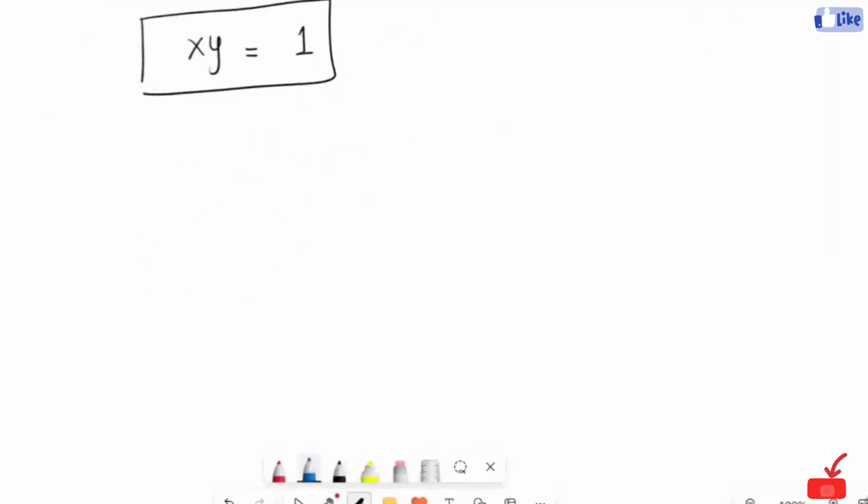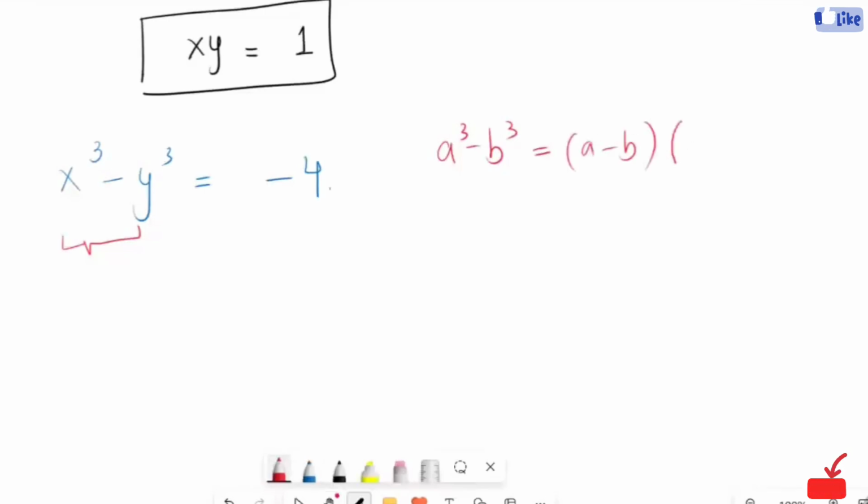Now I'm going to continue with my equation 3: x cubed minus y cubed is equal to minus 4. And here I will plug in the perfect cube formula, that is, a cubed minus b cubed is equal to (a minus b)(a squared plus ab plus b squared).